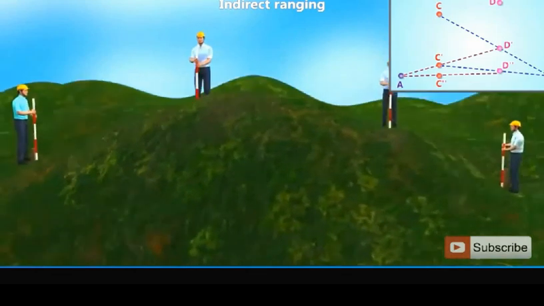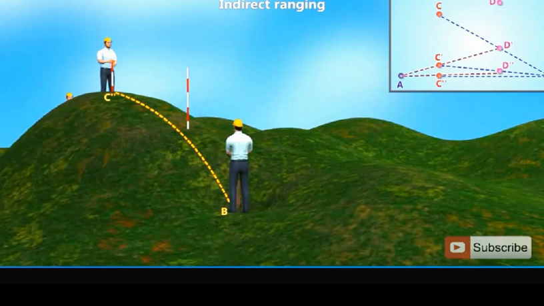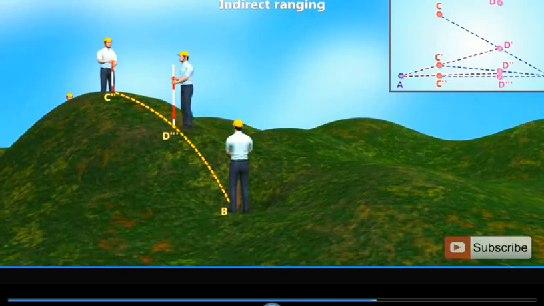Now again this process continues. The person standing at B with the help of the person standing at C double dash will guide the person standing at D double dash to a new D triple dash such that B, D and C are in straight line.